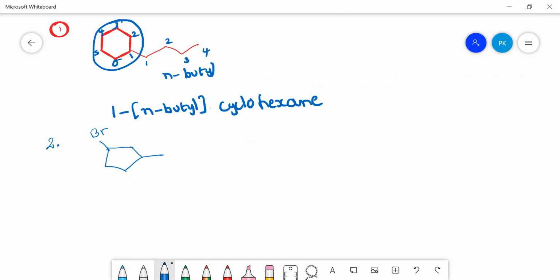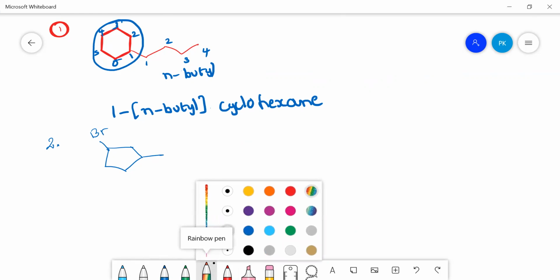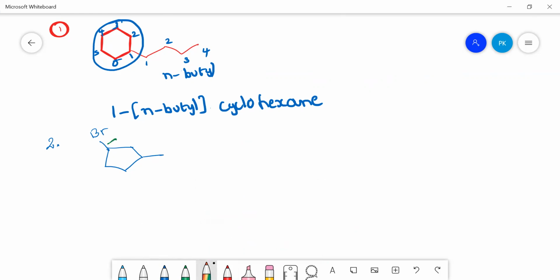Now tell me what is the name of this one. Who will be the parent carbon chain here? The parent chain will be this ring, and these two become substituents: a methyl substituent and a bromo substituent.